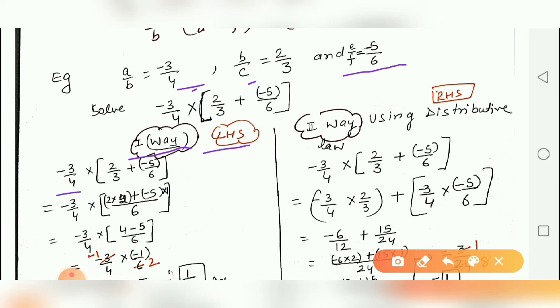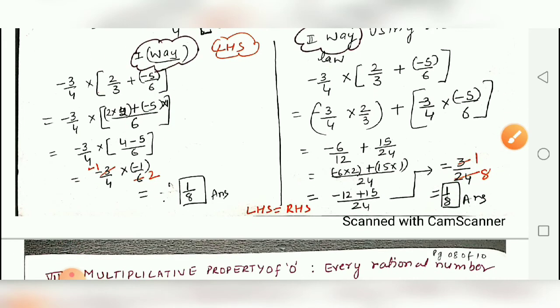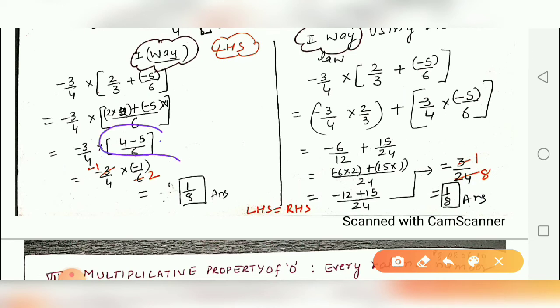Here -3 upon 4 multiplied by the second and third numbers, 2 by 3 plus -5 by 6. First we will solve this bracket here like this. After solving this bracket, we will reach this step, and then we will solve this bracket and get -1 by 6 as the answer, and this is multiplied by the first number -3 by 4, and we will get 1 by 8 as the answer.